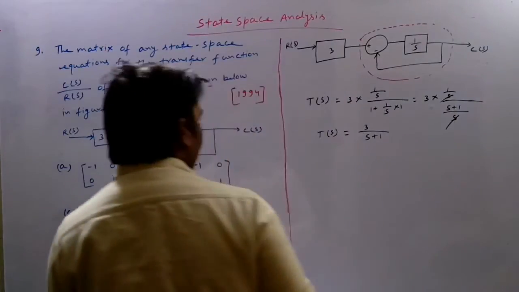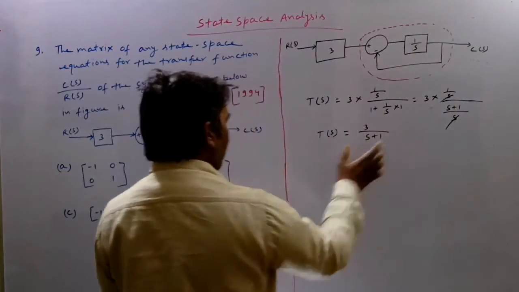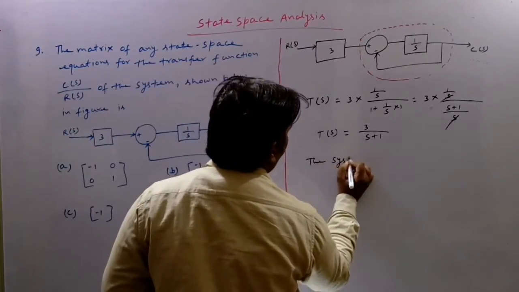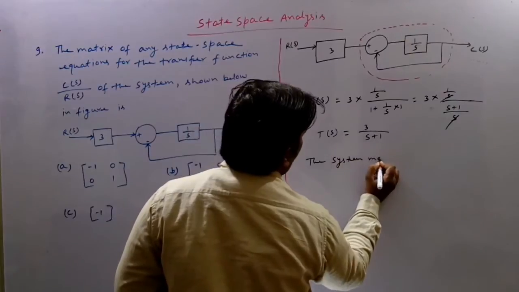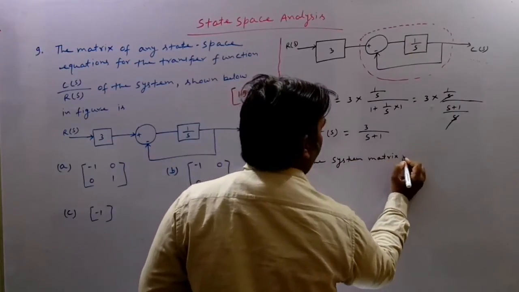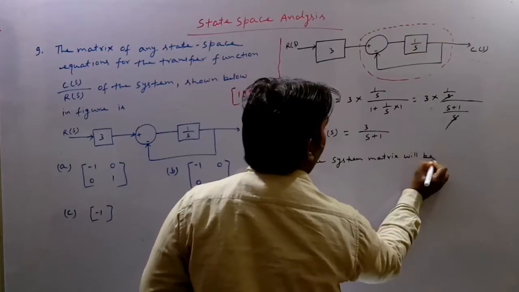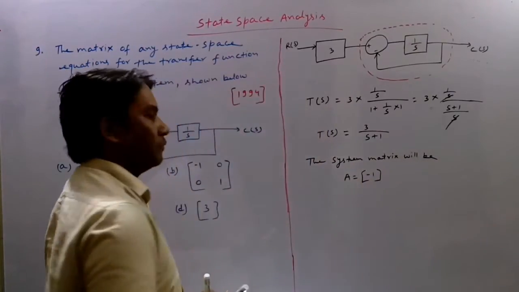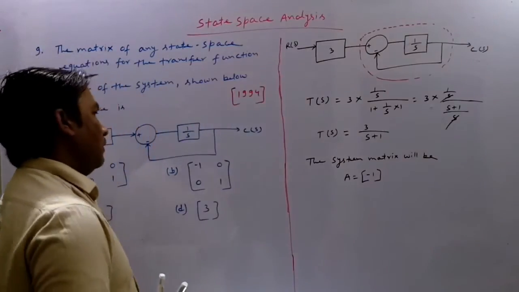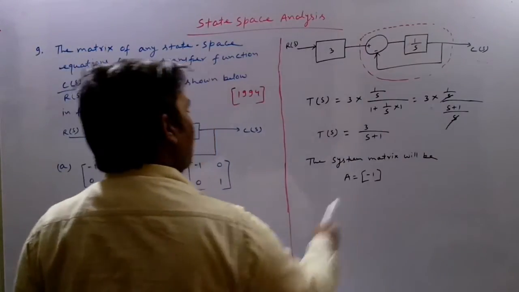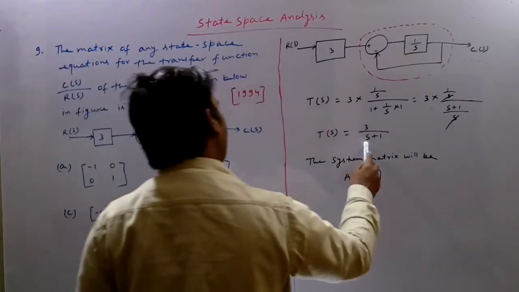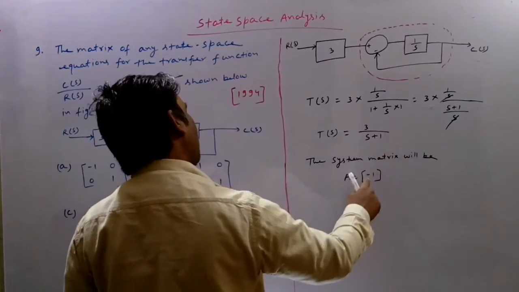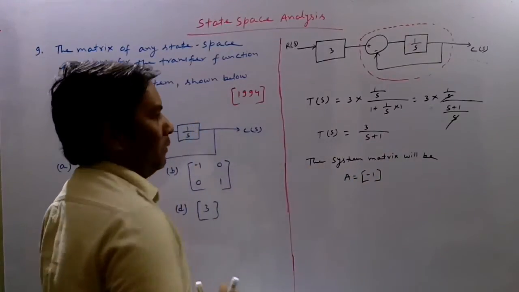So the system matrix for this transfer function will be A equal to minus 1. Why am I saying minus 1? Because this is a first order system and the denominator contains s plus 1, so it will be minus 1.